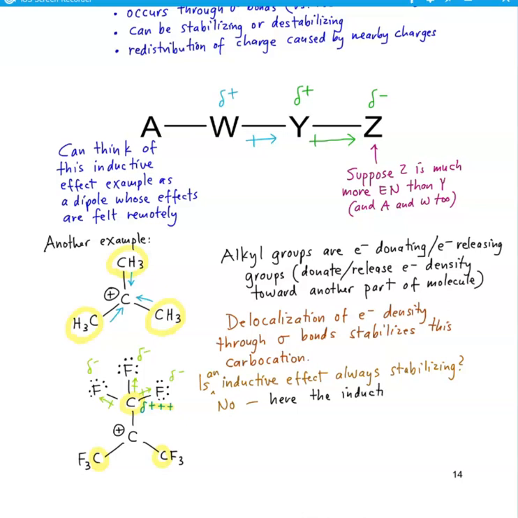Because what it does is set up an area of partial positive charge right next to an area of positive charge. Having like charges next to each other, a full positive charge with a partial or full positive charge, is destabilizing.